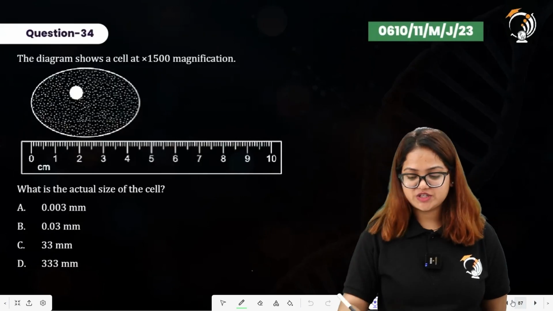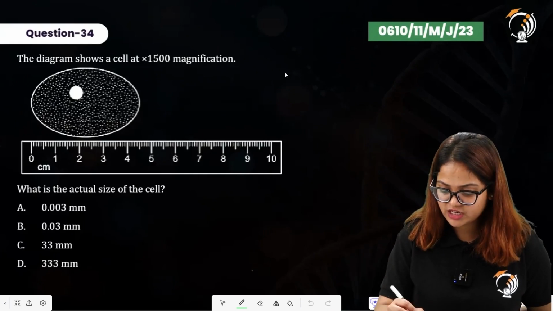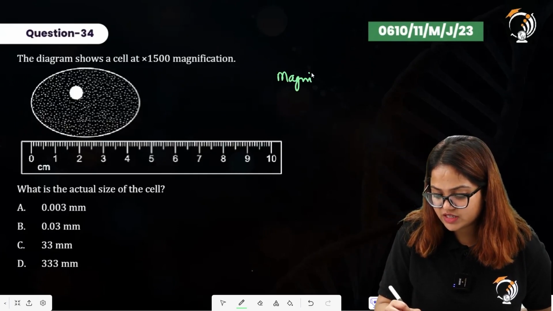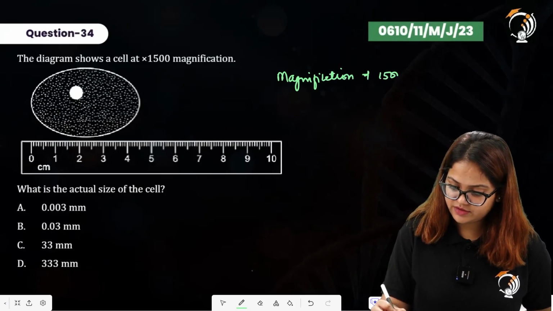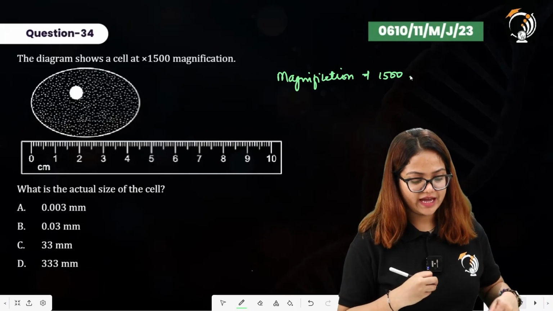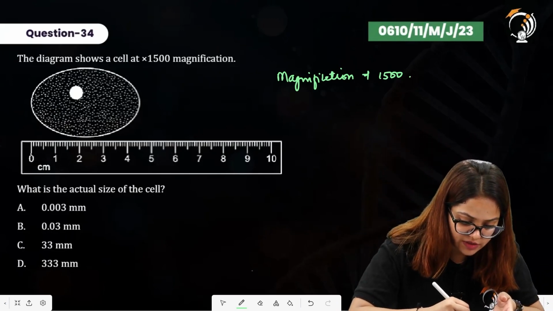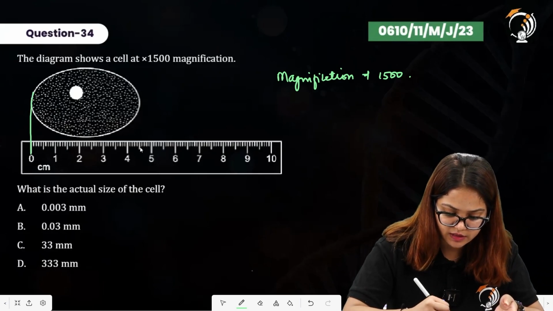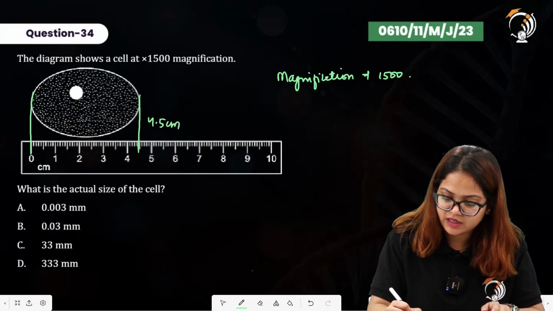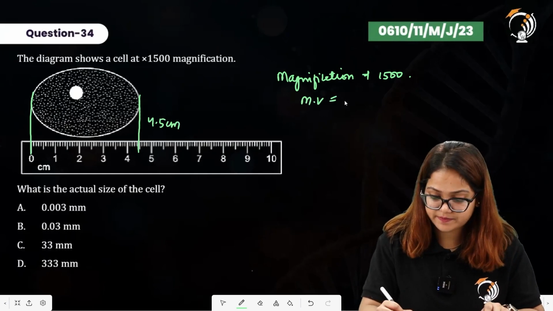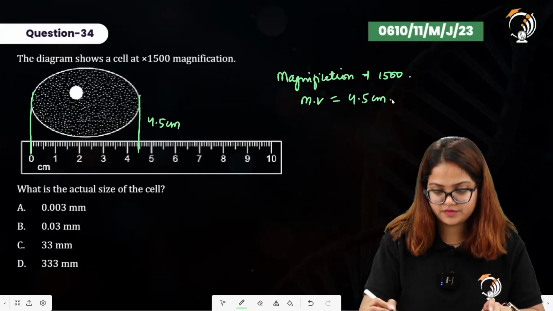So here is question number 34 that says the diagram shows a cell at 1500 magnification. So we are already provided with the magnification here, 1500 times. Then we have the magnified value, which here is 4.5 centimeter.